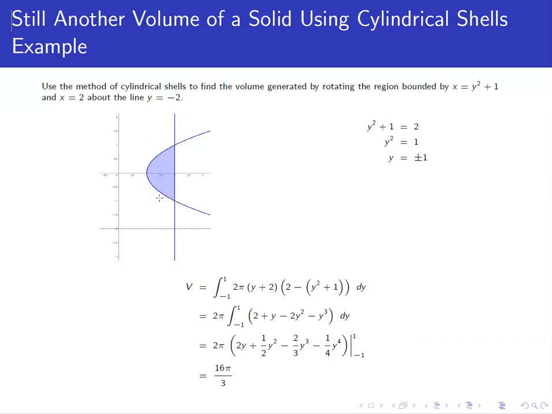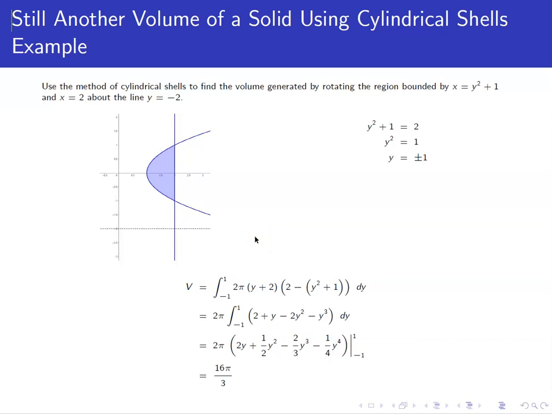That means I would be integrating with respect to x, which means I would need to write this in terms of functions of x. Since it's already given to me as a function of y, we're going to integrate with respect to y. That means we're slicing the y-axis up, parallel to our axis of rotation, which is what's giving us shells.